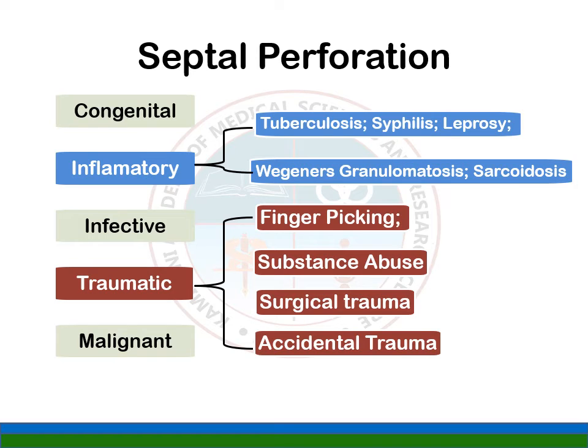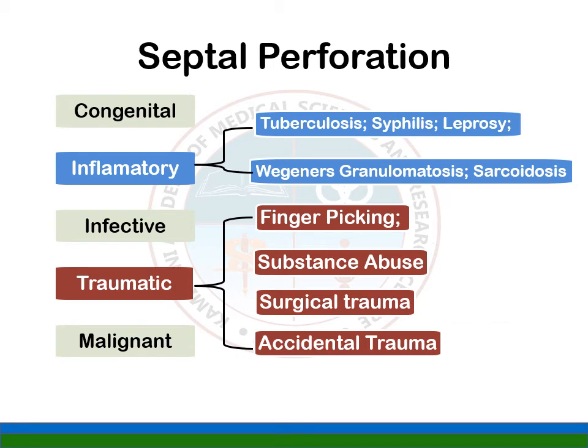Inflammatory causes: acute infections normally would not lead to any perforation, but specific chronic inflammation, that is tuberculosis, syphilis and leprosy, will cause septal perforation.